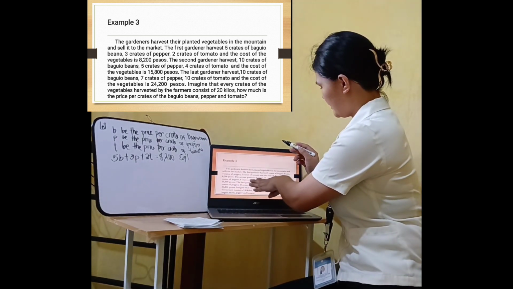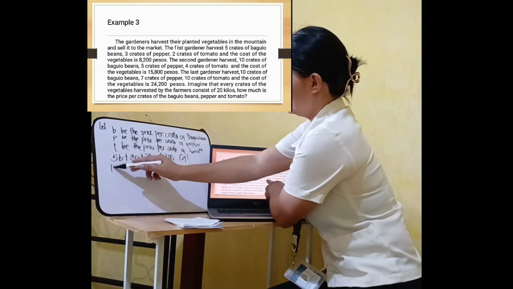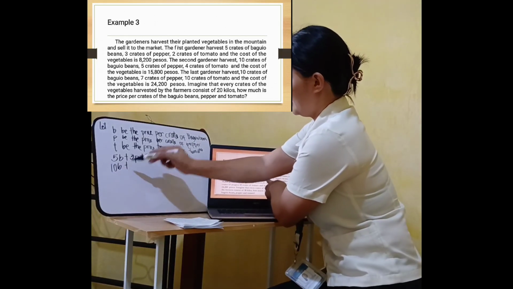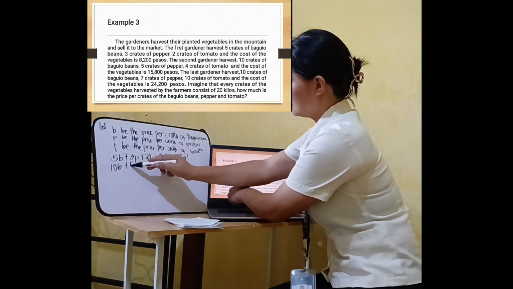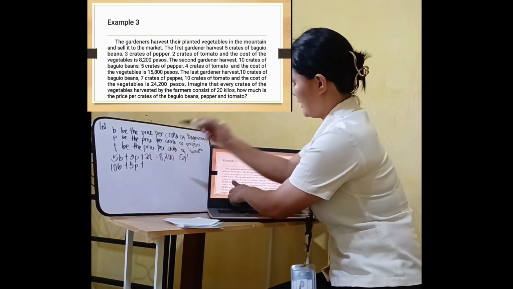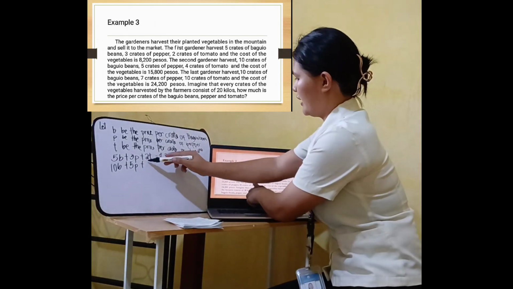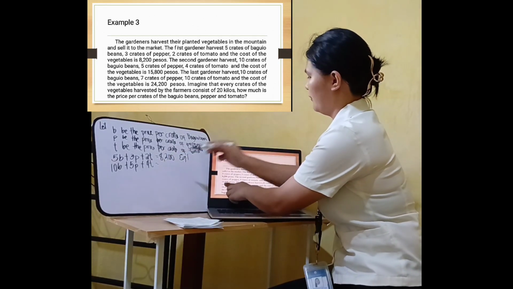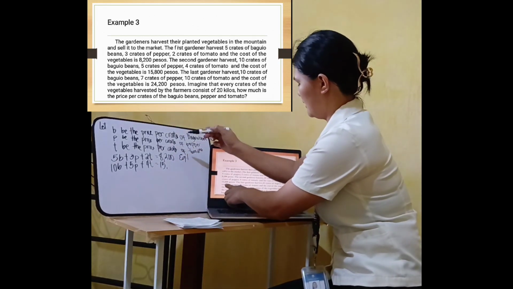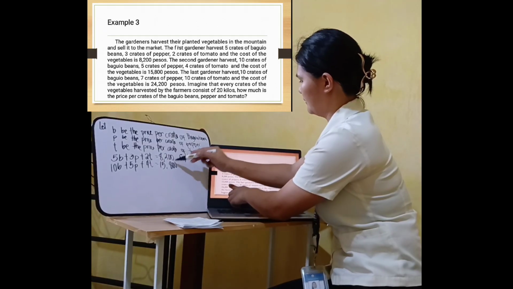And our equation 2 is the second gardener harvests 10B plus 5P plus 4T is equal to 15,800.